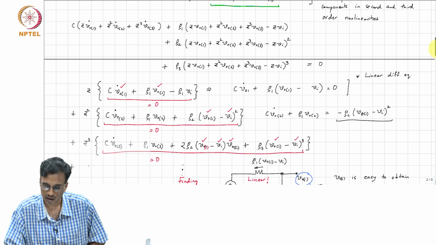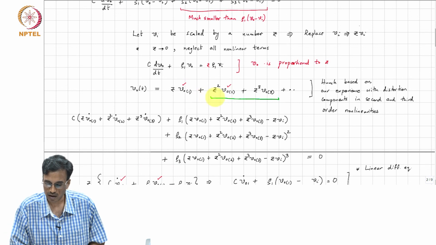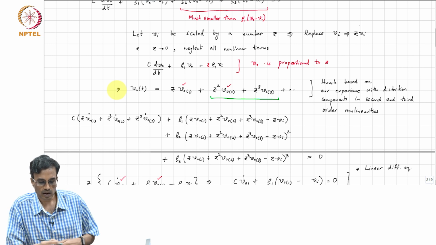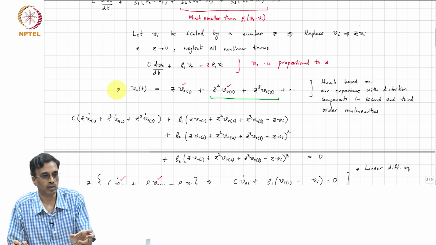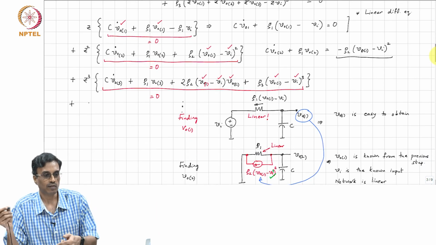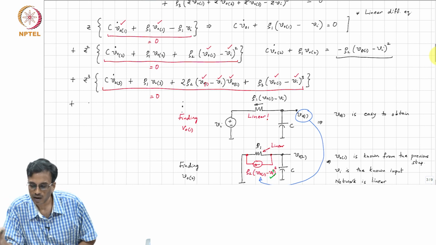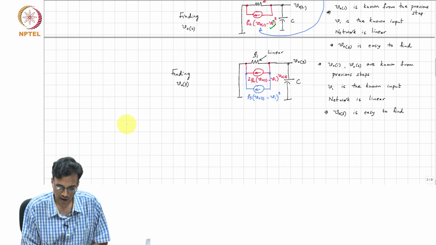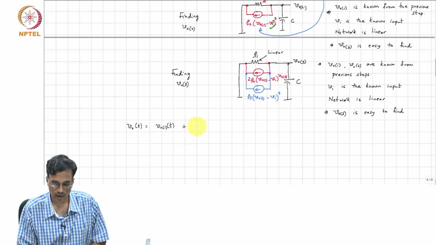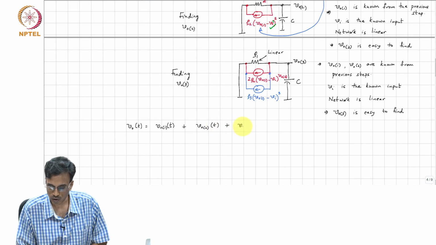If we assume that the output can be written in this form, then you can plug this form back into the nonlinear differential equation and go on getting VO1, VO2, VO3 and so on. And once you find all this, the output VO of t is simply VO1 of t plus VO2 of t plus VO3 of t and so on.